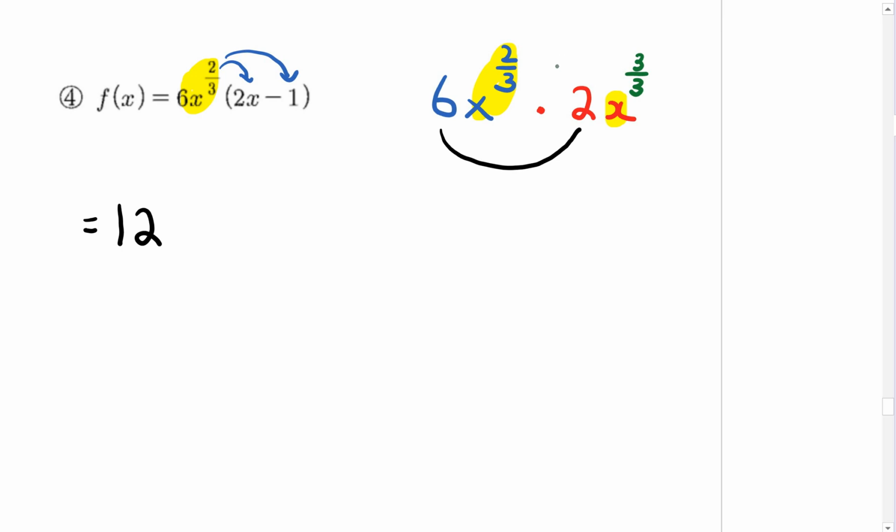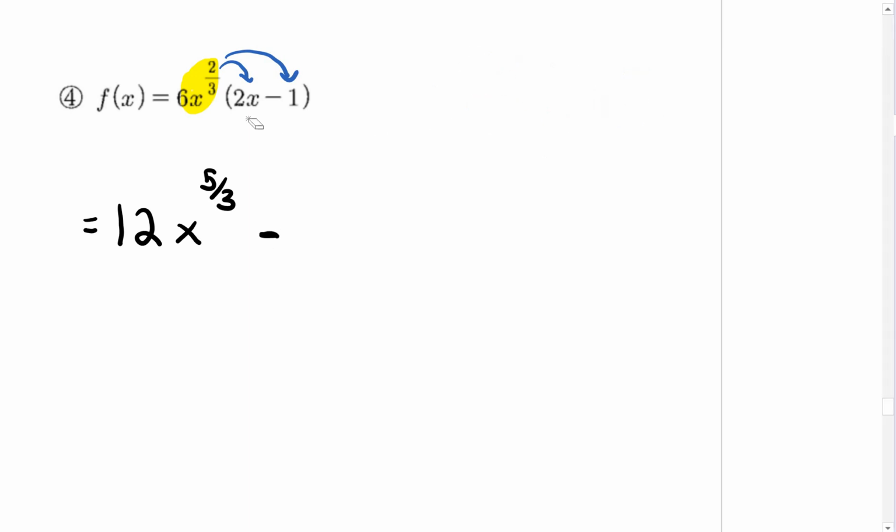And then what you do now is you just add the powers, right? So 2/3 plus 3 over 3 is going to be 5/3. So this will be x to the power of 5/3. Okay, minus. Now the next step is a little bit easier because you're just taking 6x to the power 2/3 times negative 1, which is going to be 6x to the power 2/3. So that's step number 1.